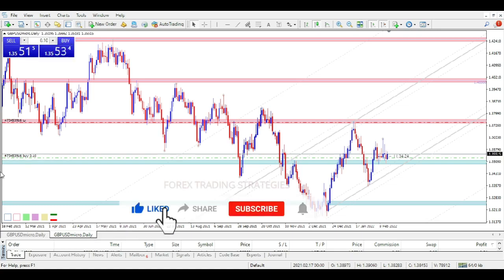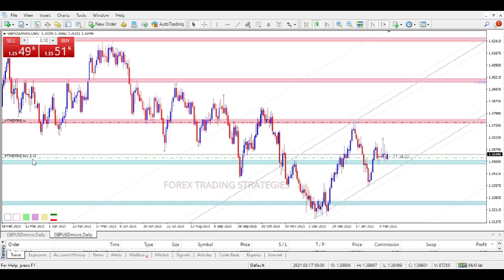So if you're on GBP USD, you can see I actually bought a very minimal position. I am hoping that it can get to this level, but we'll see how it pans out. Because I'm on a daily time frame, it means I can hold these trades for days. So sessions do not really mean much for me.